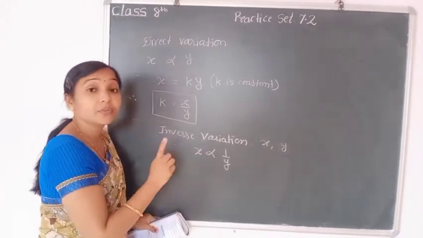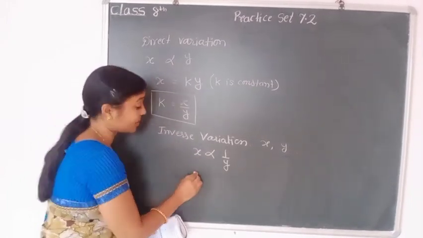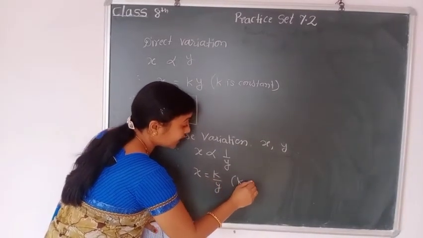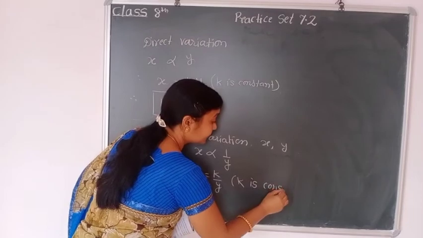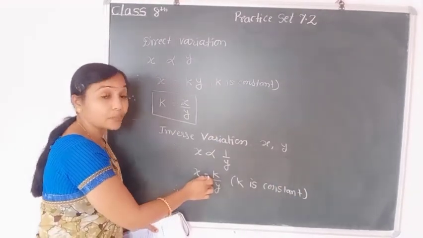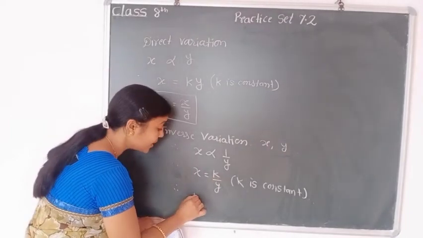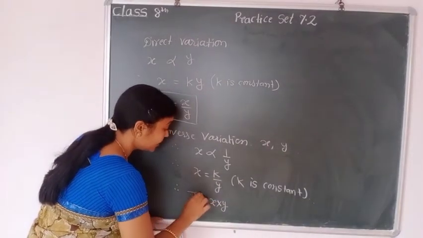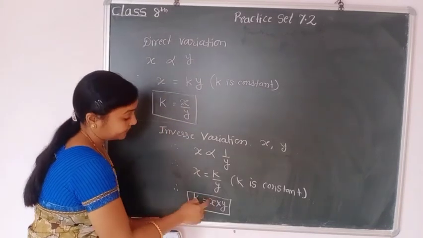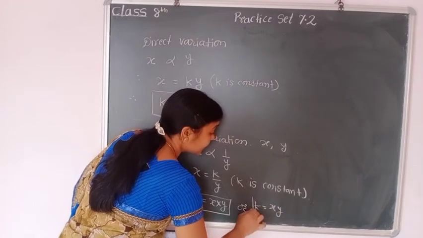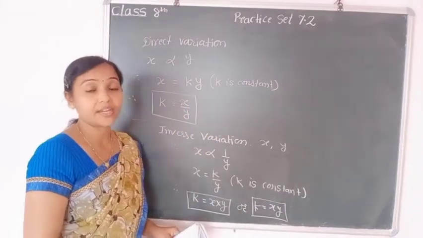Therefore, we write the equation of variation of inverse variation as x equal to k by y, where k is constant. And from this equation, we find the value of constant: k is equal to the product of the quantities x and y, or k is equal to xy. This is the equation of inverse variation.